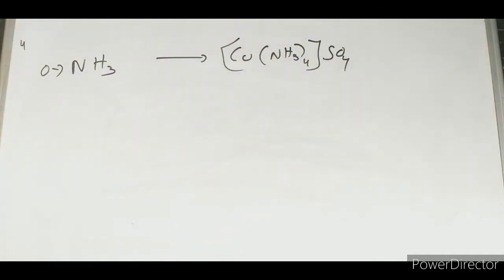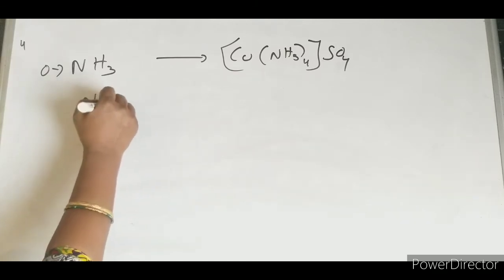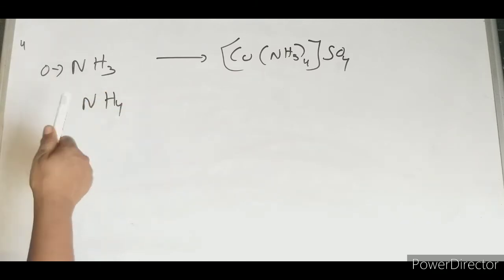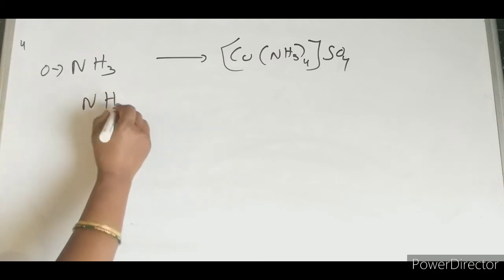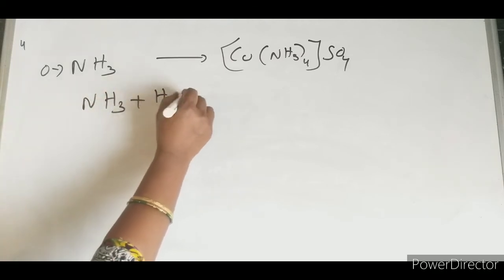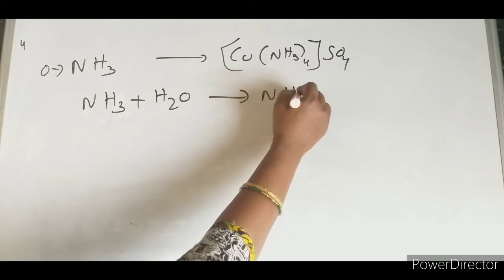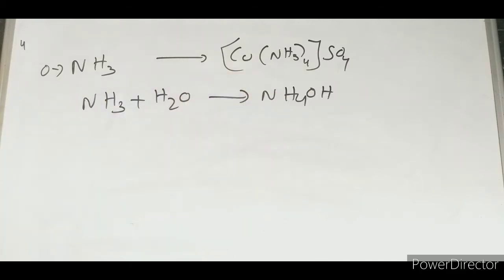Okay, so this one we will do in 2 steps. First of all, let us take ammonia. Here the question may be addition of ammonia gas or passing of ammonia gas through copper sulfate solution. Okay, so here we will take ammonia with water. It gives rise to ammonium hydroxide.